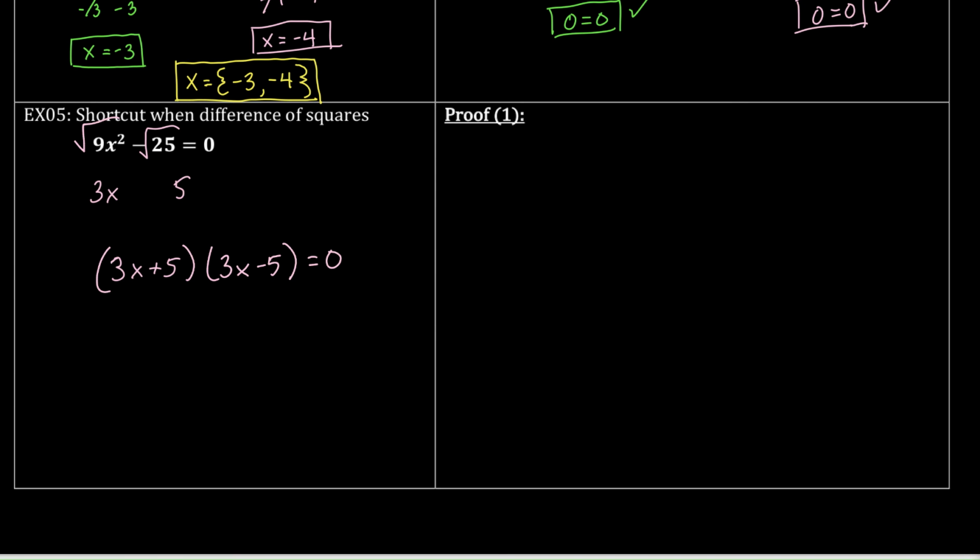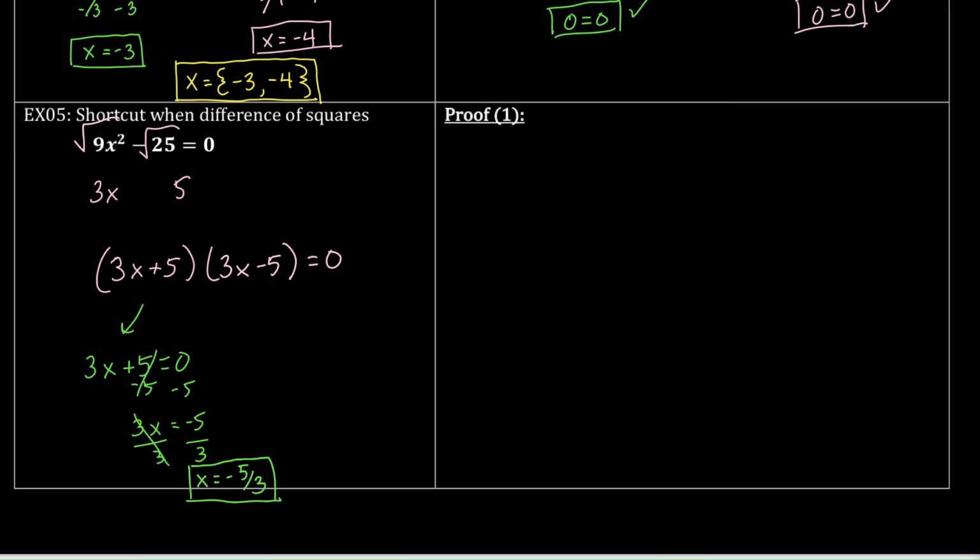Now I just need to figure out both of these. 3x plus 5 equals 0. 3x equals negative 5. And x equals negative 5 over 3. You can turn that to decimal if you want, but that's going to be a repeating one.